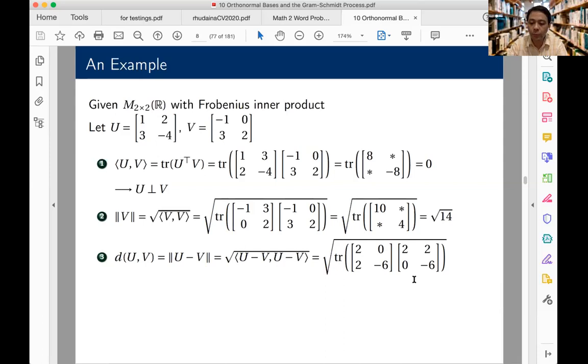And then you just get the product. And the diagonal entries will be 4 and 40. We add to get the trace. And you get the square root of 44. And that is 2 square root of 11. So the distance between the 2 matrices is 2 square root of 11.